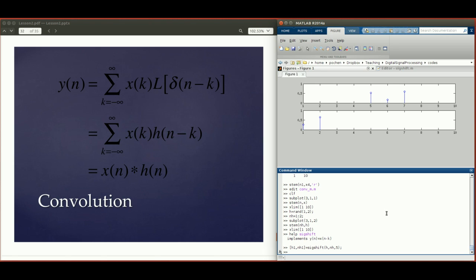Then let's do h2, nh2, sig shift of h, nh, shifted by 6, and then h3, nh3, sig shift, shifted by 7.